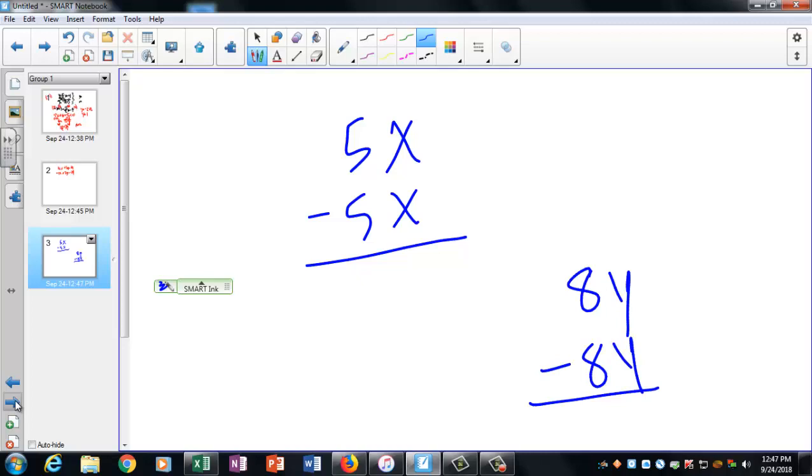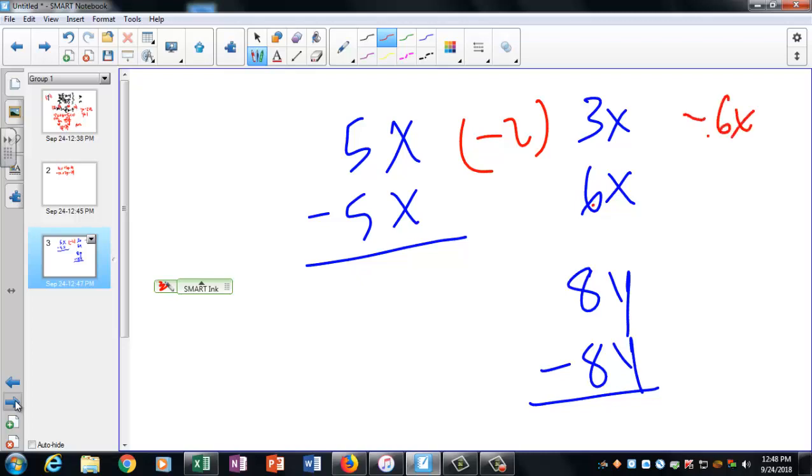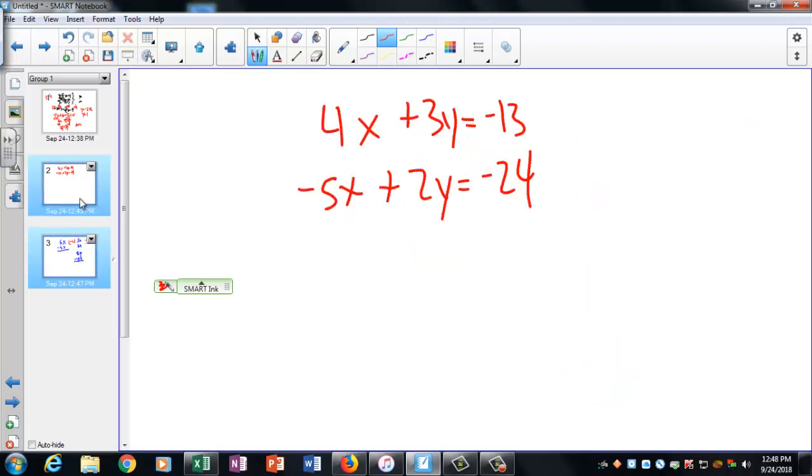And if they don't already have the same numbers, like if this is 3X and 6X, then it requires me to multiply by something that will make them become the same numbers. Does that make sense? Now, in most cases, I will point out, what we have to multiply might be different for each equation.